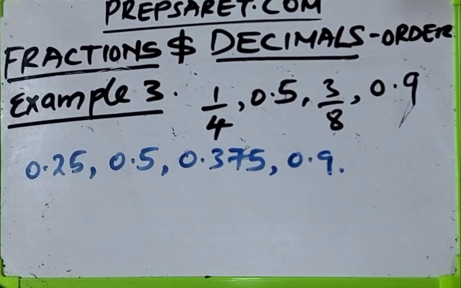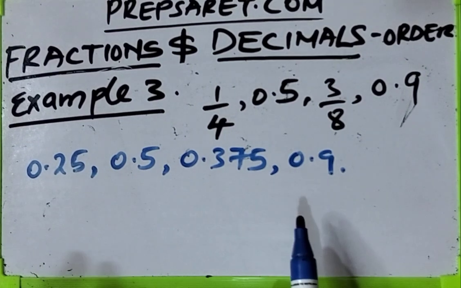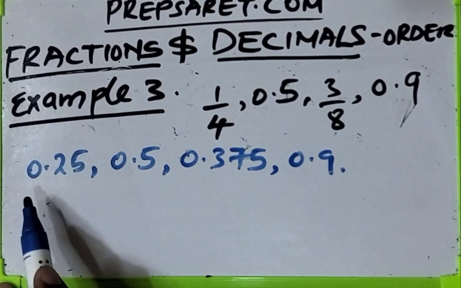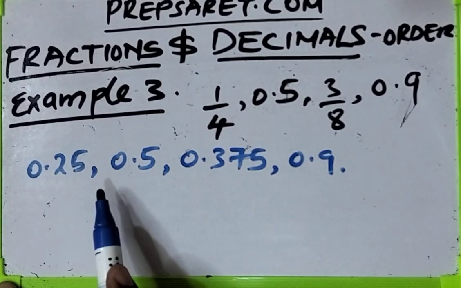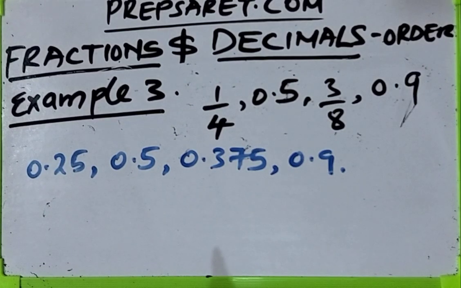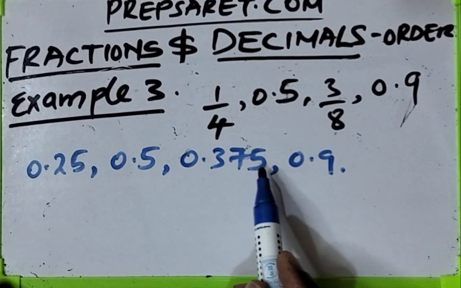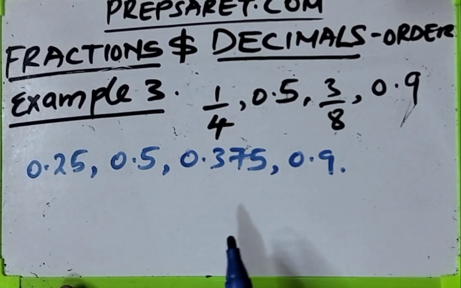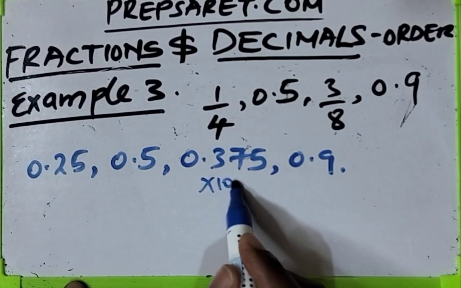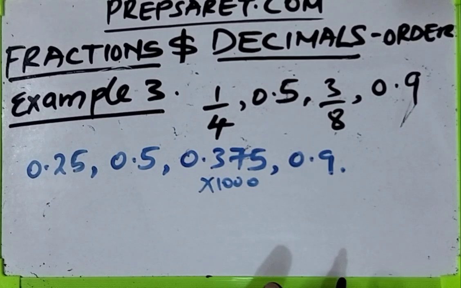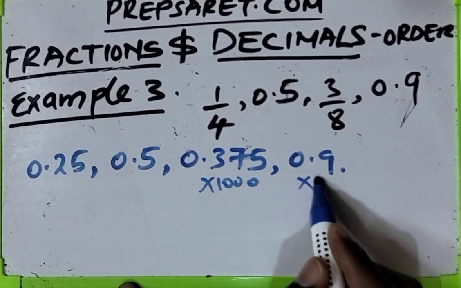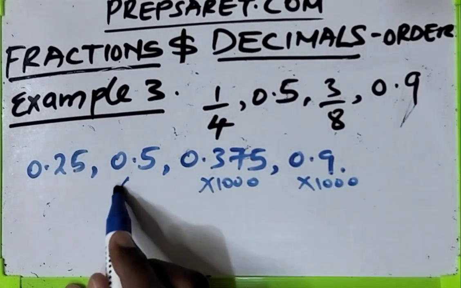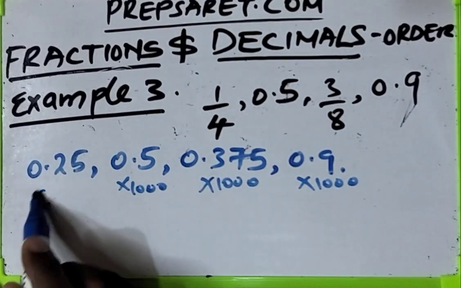For arranging these decimals in order, we will multiply across by a power of 10 matching the most decimal places. For example, this one has 1, 2, 3 decimal places, so we multiply by 1,000 across for uniformity.